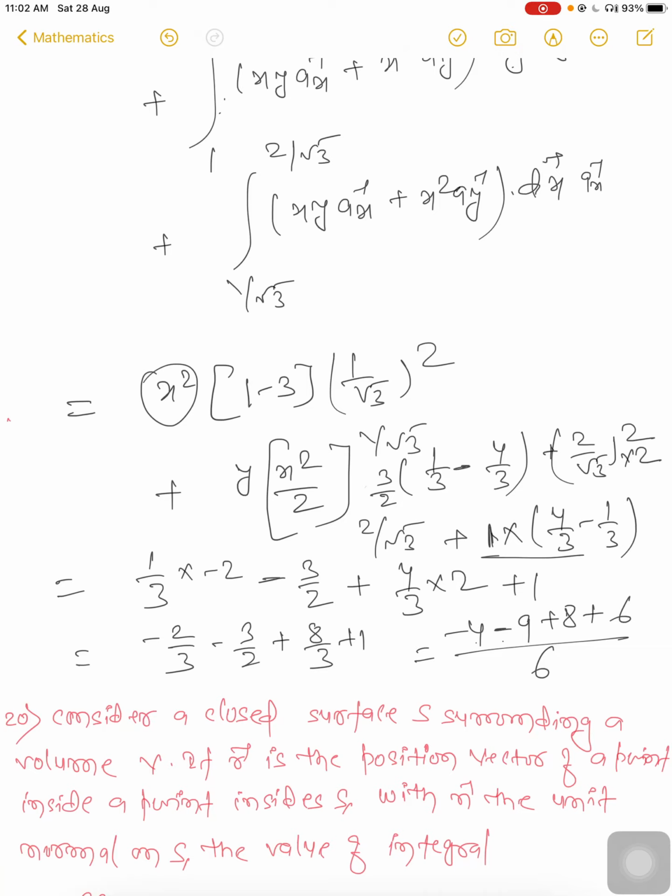1 by 2 for the first term, 8 by 3, 8 by 3 is right. But 1 by 2, from where are you taking the 1 by 2? Some mistake I have done.